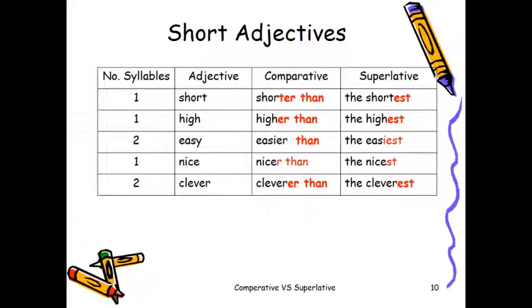I have picked up some types of adjective. Short, shorter than, the shortest. High, higher than, the highest. Easy, easier than, the easiest. Nice, nicer than, the nicest. Clever, cleverer than, the cleverest.